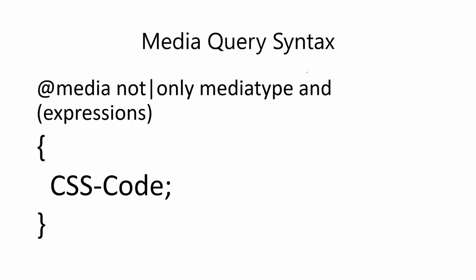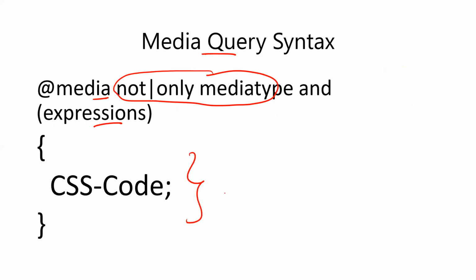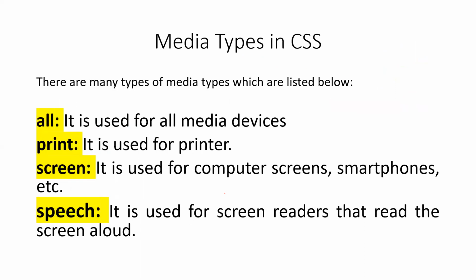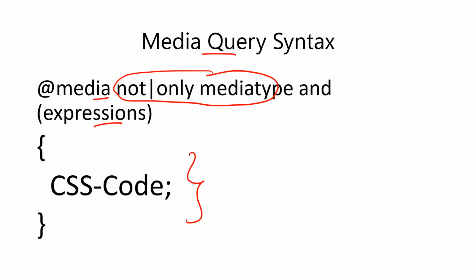Now, the syntax that we are going to use under media query is @media, and thereafter we have to define the values and then the expression and the CSS property, right? Just like if we define all, it means that particular media rule is going to work for all devices.